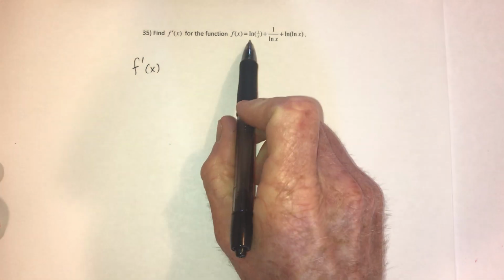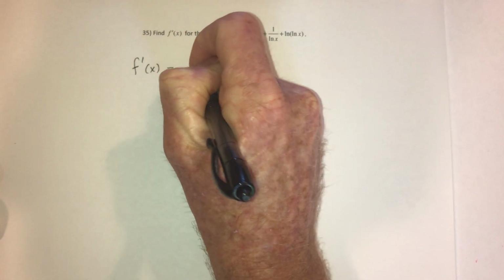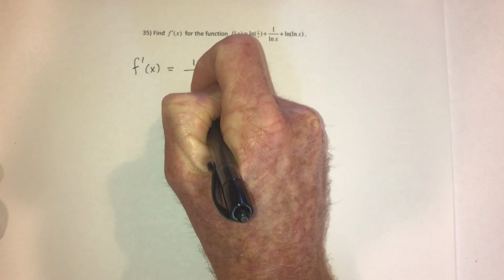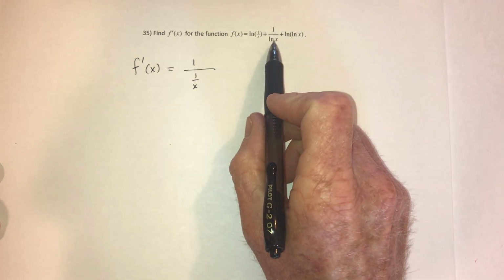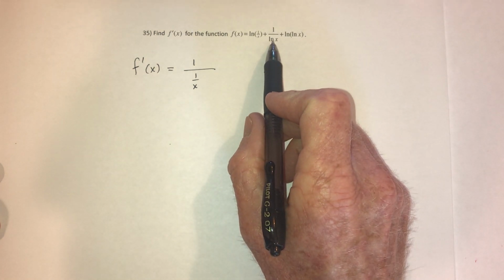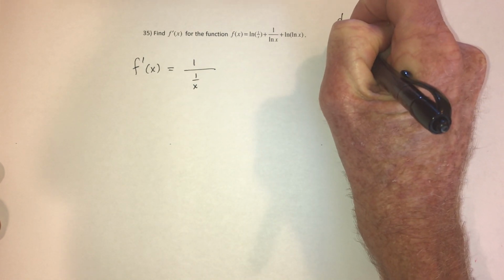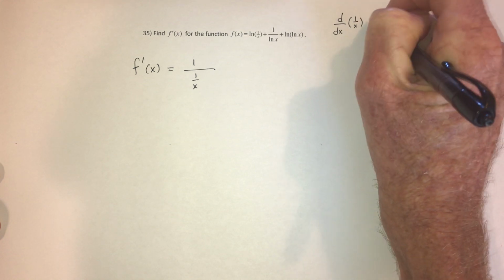So first of all, the derivative for natural log of x, that is 1 divided by whatever you find inside the parentheses. So in this case, 1 divided by 1 over x. For this one, there's 2 ways to do it. You could use this fact, which hopefully you remember.